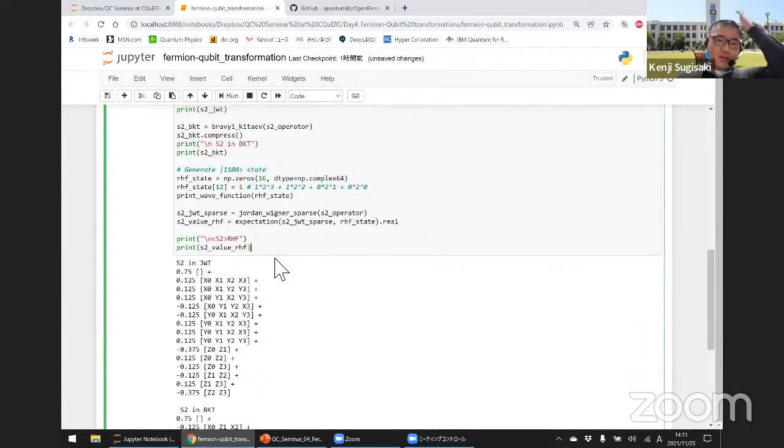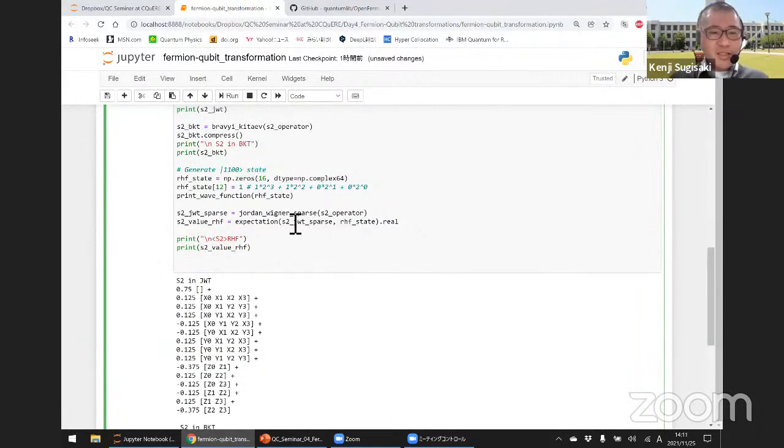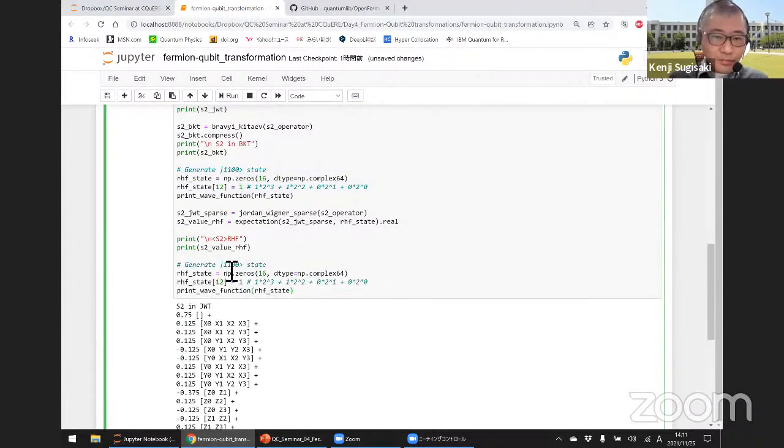So let's think about the ROHF wave function. The ROHF wave function can be represented as the 101 state. So this corresponds to this one. The ROHF state is written something like this.